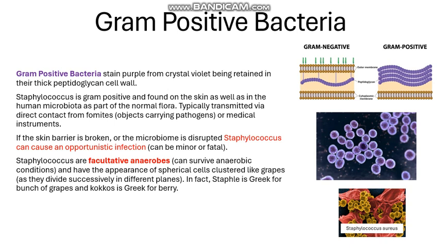Now we're going to move on to some gram-negative bacteria with a thin peptidoglycan cell wall and an outer membrane that picks up the crystal violet but gets washed away with alcohol during the gram staining process, which gets rid of the purple colour. Then the counterstain of safranin means that the gram-negative bacteria are going to be kind of pinkish red.